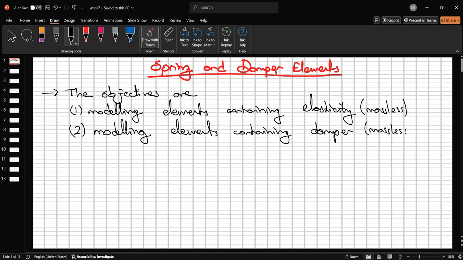And after that, we derive the equation of motion of the MCK, mass spring damper system. These are the objectives for today.